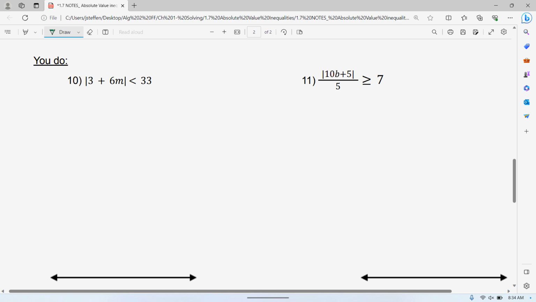So let's send the stapler on so you can staple your practice test together.